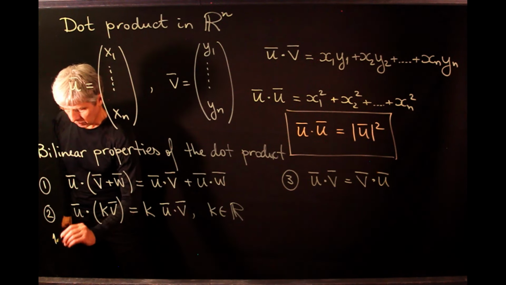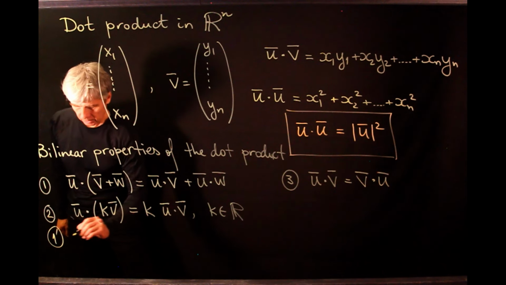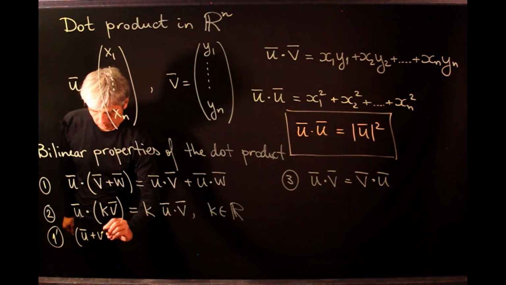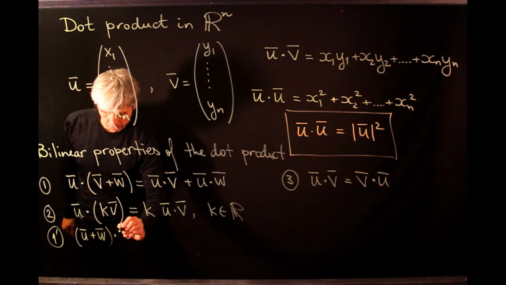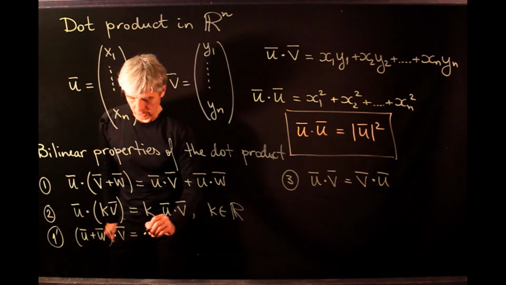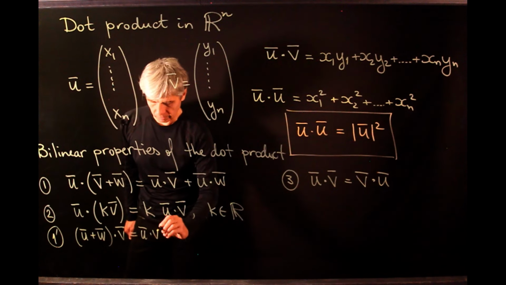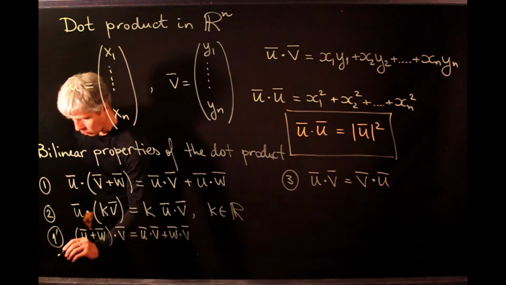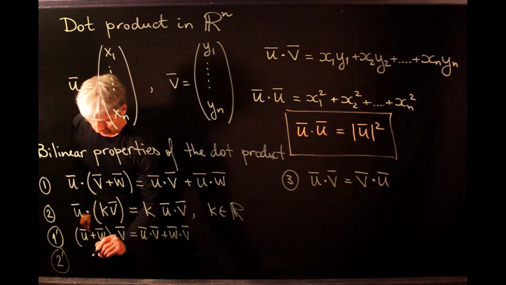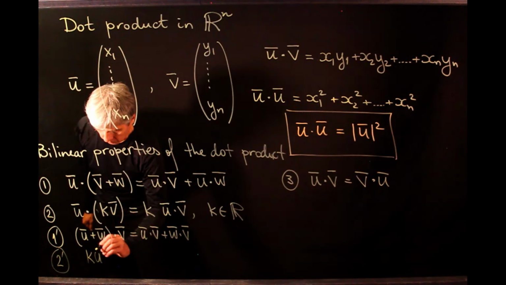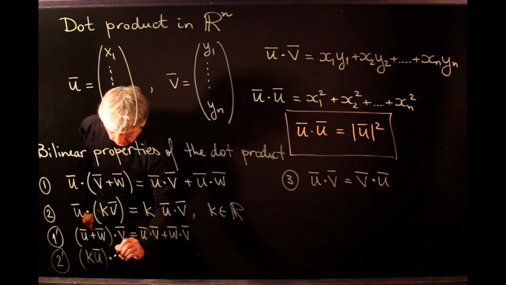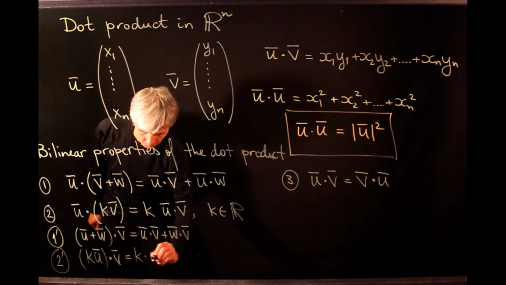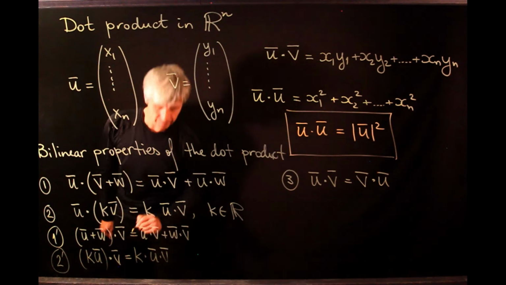So we can call them 1 prime, that if I have u plus w dot product with v, this is u dot product with v plus w dot product with v, and 2 prime, if we have k u dot product with v, this is the same as k times the dot product of u with v.